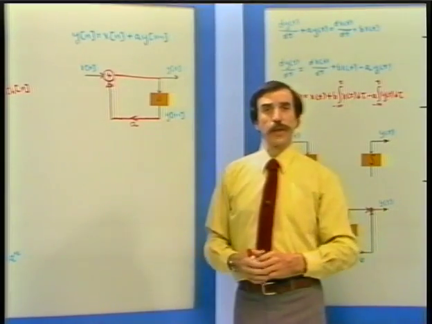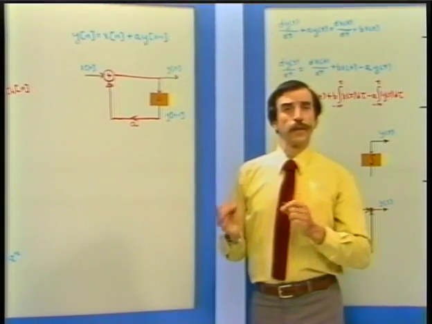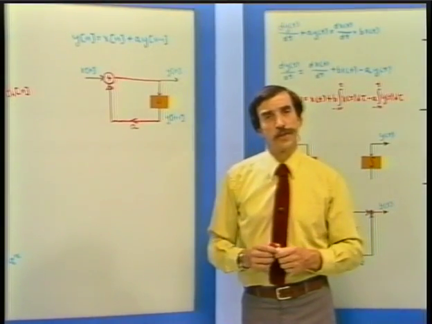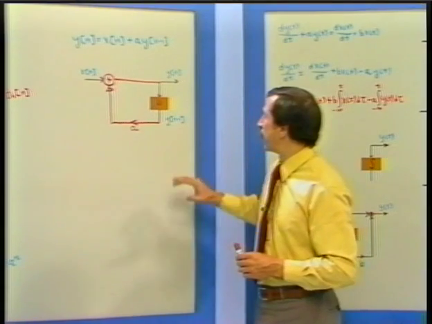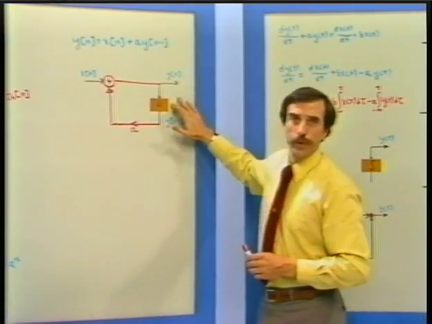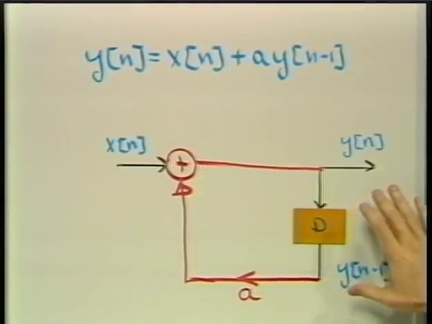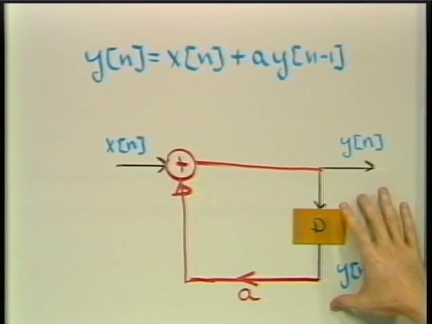Now, how do we get this started? Well, we know that the difference equation requires initial conditions, and in fact, the initial conditions correspond to what we store in the delay register when this block diagram or equation initially starts up.